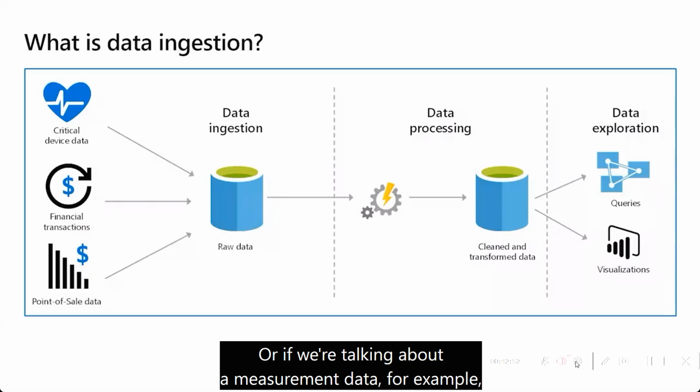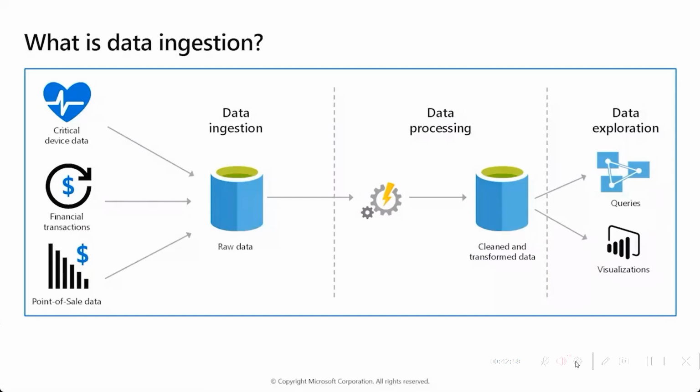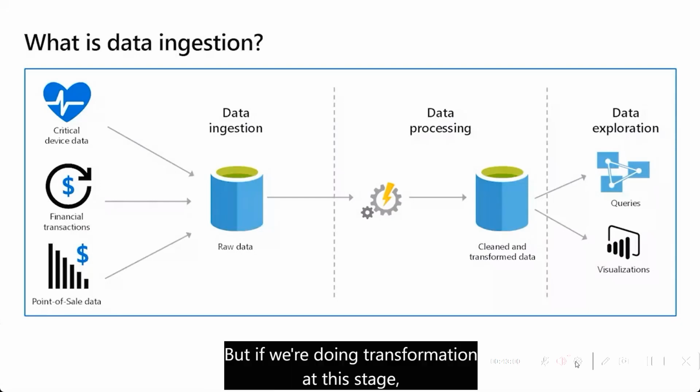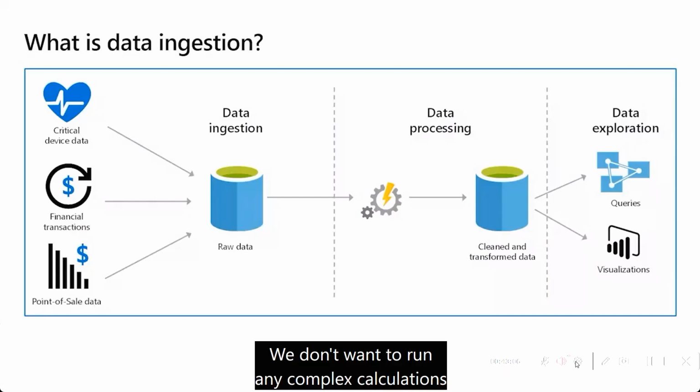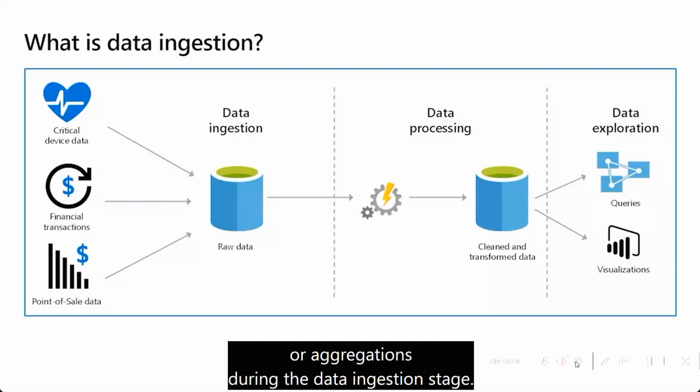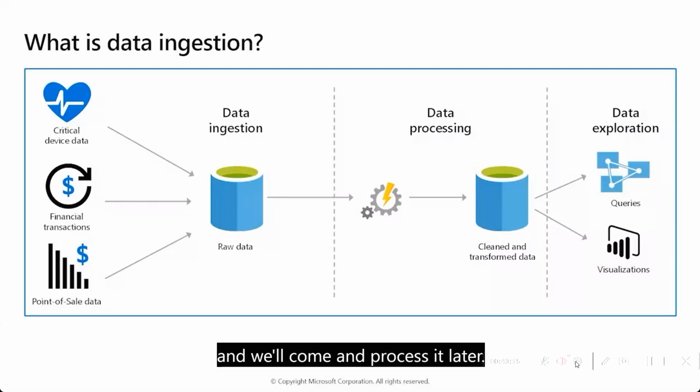Or if we're talking about measurement data, we might want to convert it so that it all conforms to the same metrics. But if we're doing transformation at this stage, remember to keep it quick. Don't run any complex calculations or aggregations during the data ingestion stage. If you do need to, then store the data first and process it later.